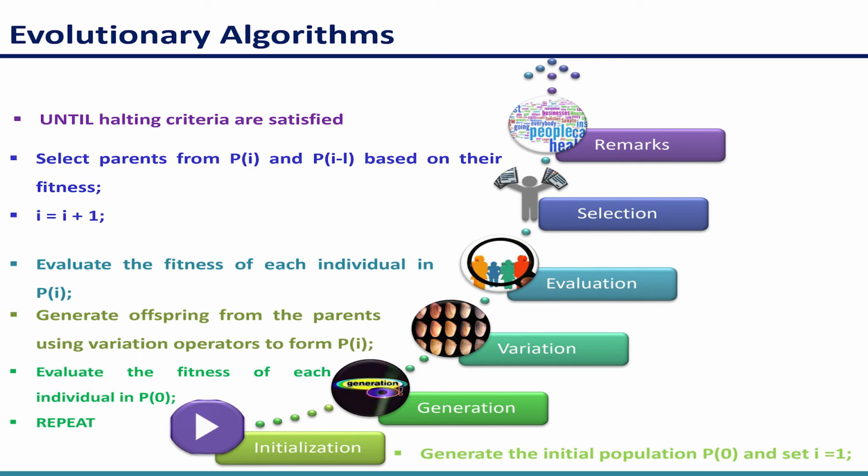Next, evolution. Evolution evaluates the fitness of each individual in Pi, finding single values from 0 to n, like 0, 1, 2, 3, 4. Individually, they evaluate the fitness of each particular value in Pi.